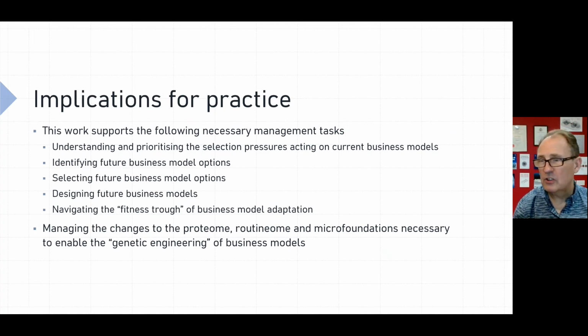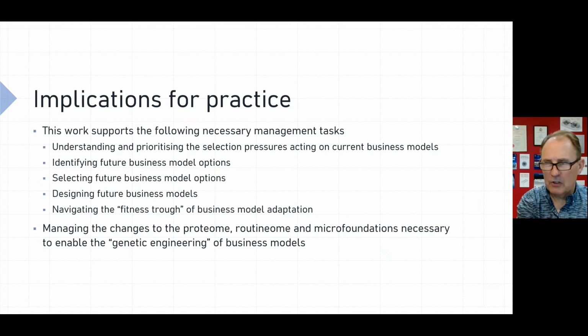The first is that I think my work allows organizations and the leaders of organizations to understand how their selection pressures are changing, the selection pressures that are acting on their existing business models. I think it also helps them to identify their options for their future business models. It also helps them to select which of those business models might be most viable for them in their current environment or their future environment.